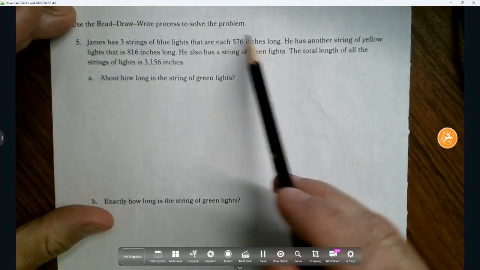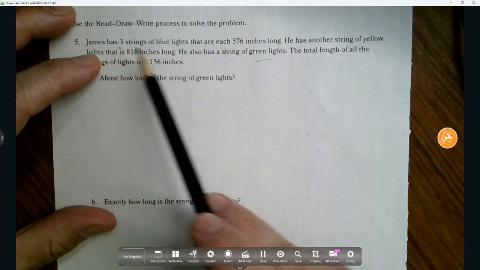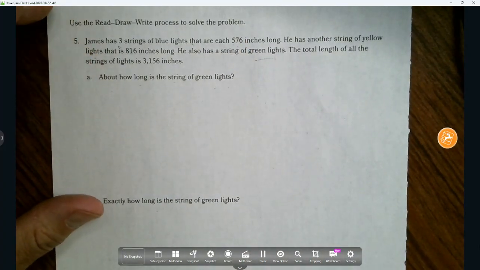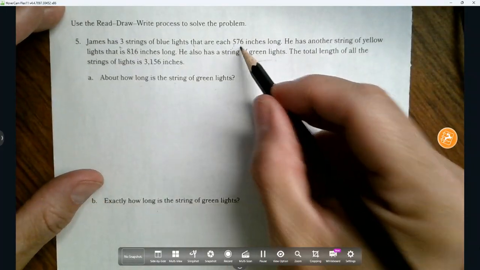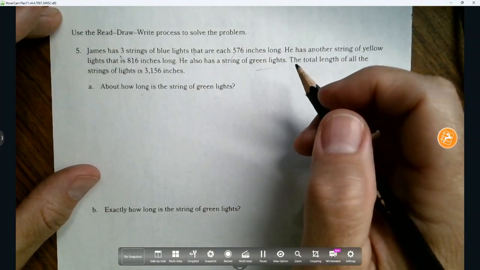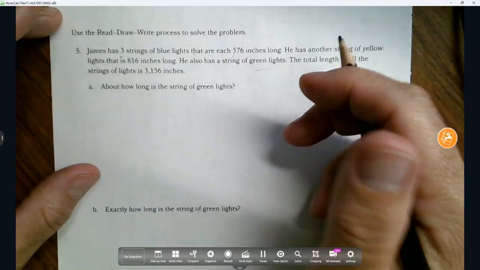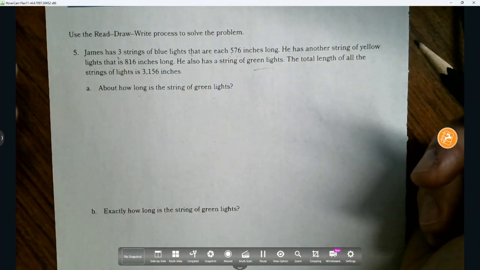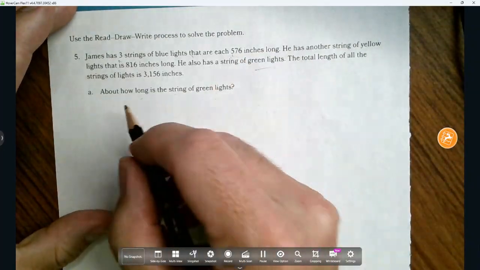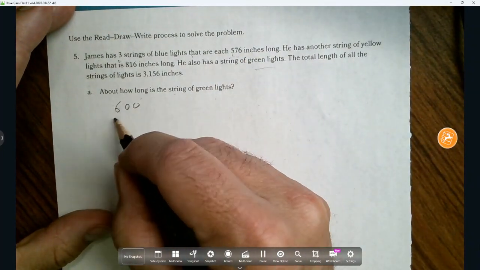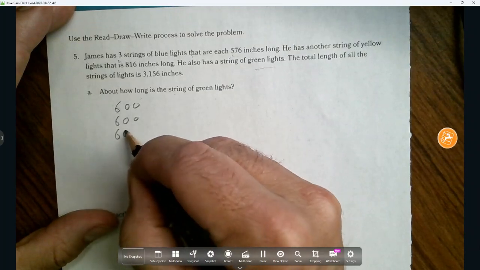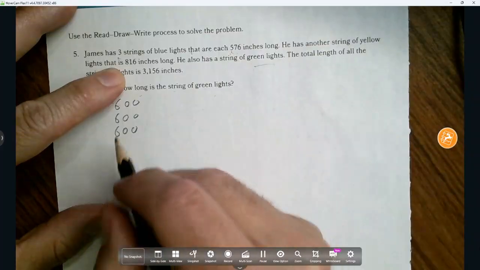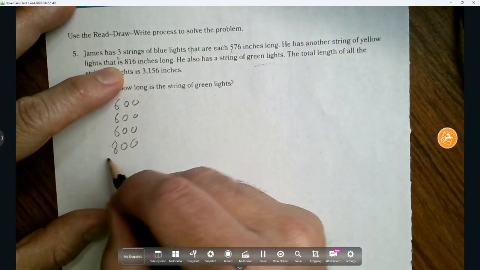So we're going to estimate. 3 strings of blue that are 576 inches long. We can round that by tens or round that to hundreds because we want about. Look at these numbers. We'll round by hundreds just to make it easier. So this is going to round to 600, but it's 3 times. He has another string of yellow lights, so we round that to 800.